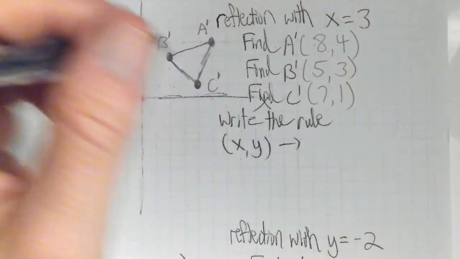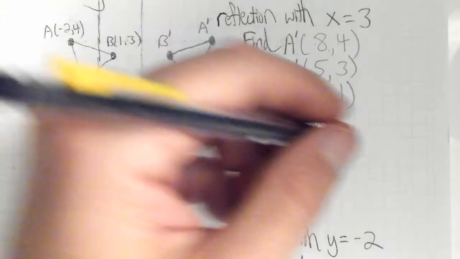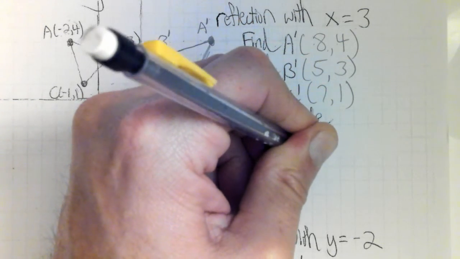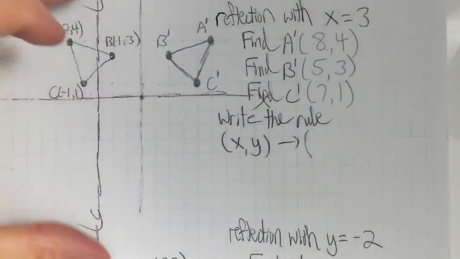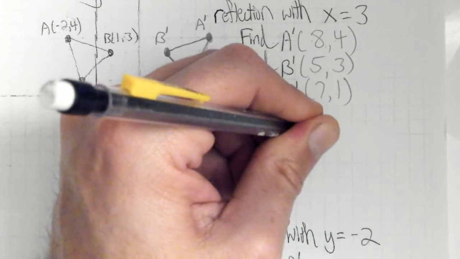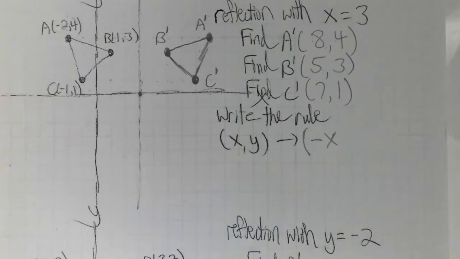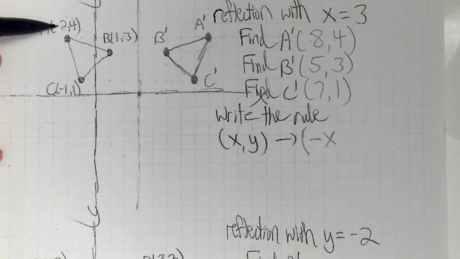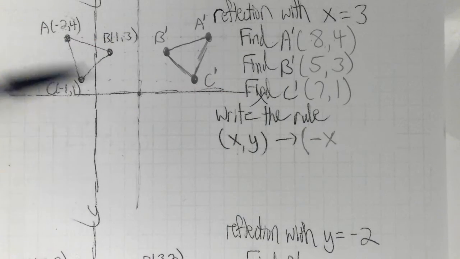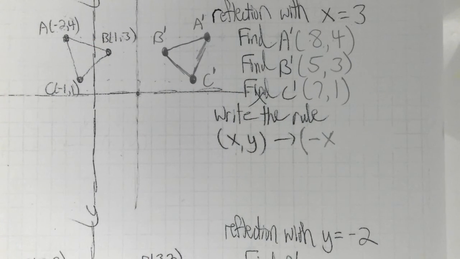That's the reflection, right? And that's kind of what happened with the reflection when it was right on the axis. So we are going to change the sign, so it's going to be -x, all right? Now, there's still an adjustment that we have to make, because -2 doesn't just go to +2, right? It goes to +8. So what's the adjustment that we have to make here?